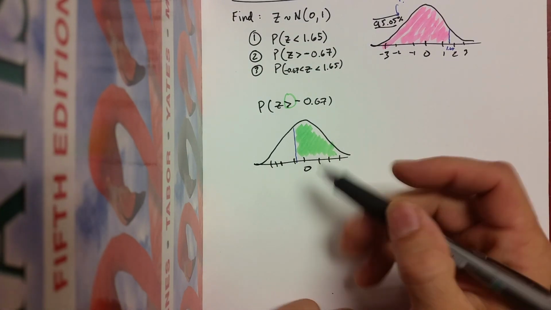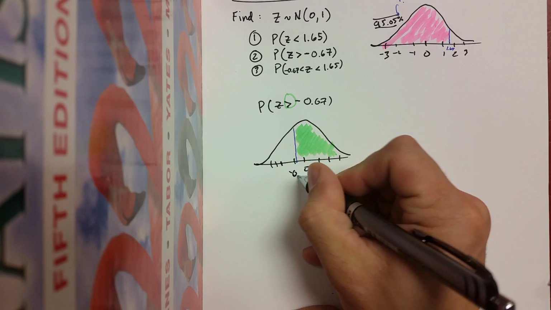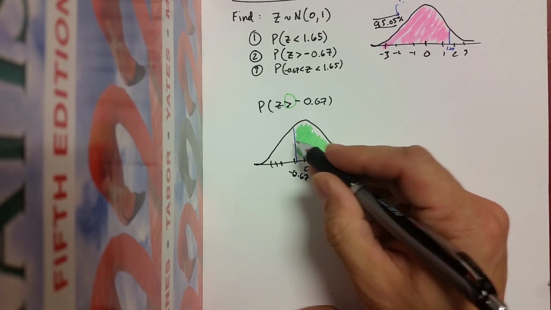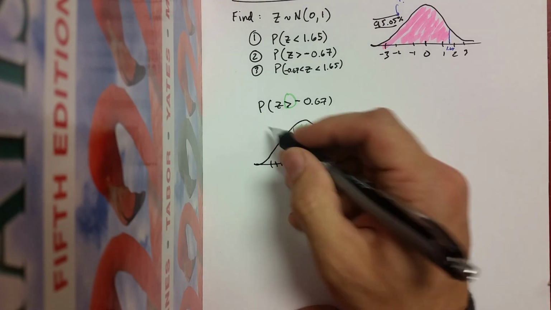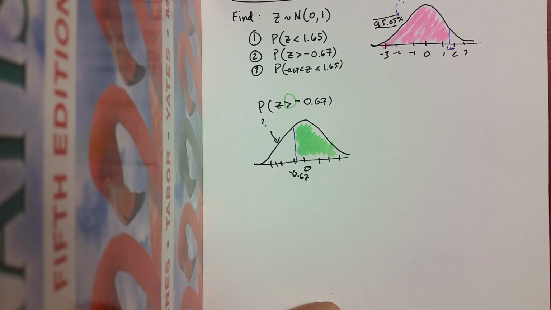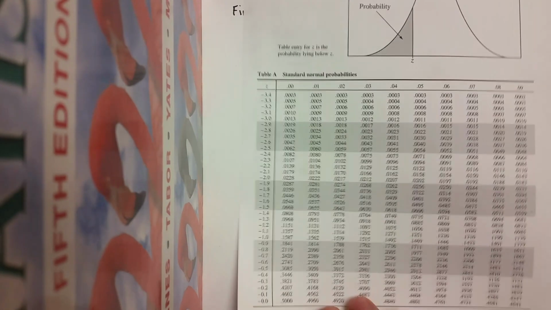How much would this be? Method one: if this is negative 0.67, I want everything to the right. One way of finding everything to the right would be to find out what's to the left, and that's what the standard normal table would tell me. So I could look up negative 0.67.